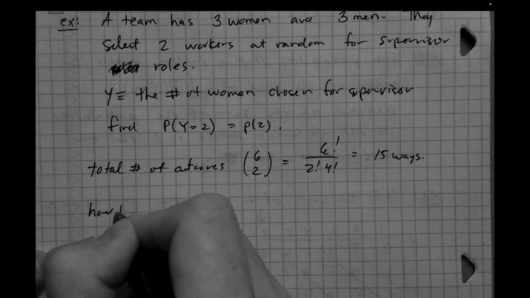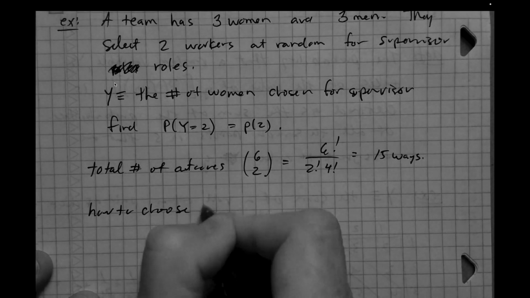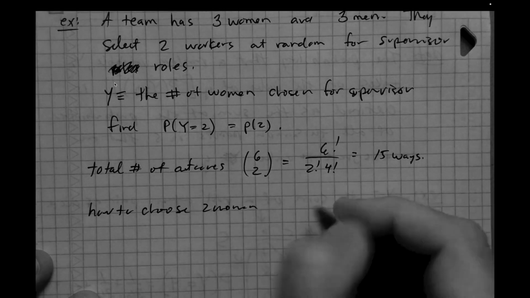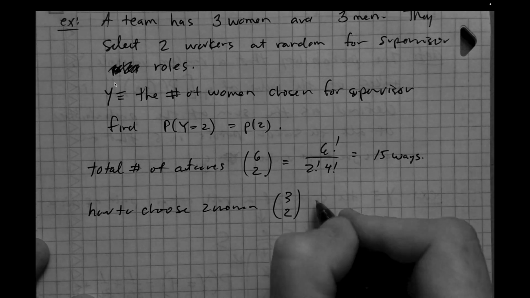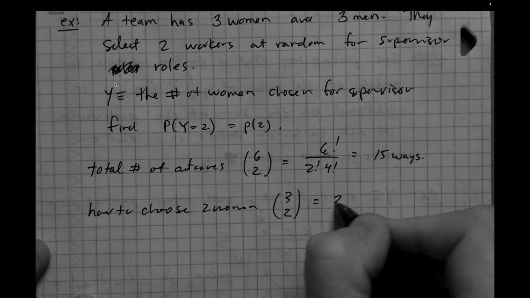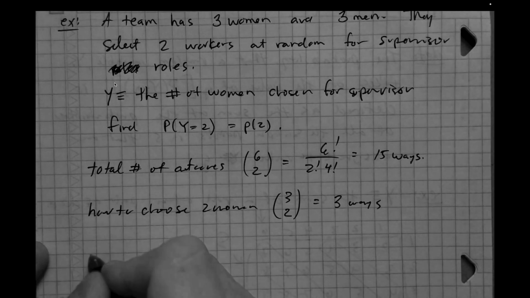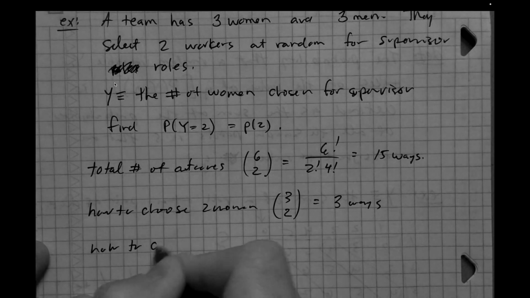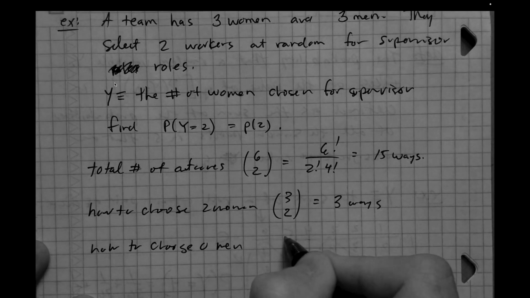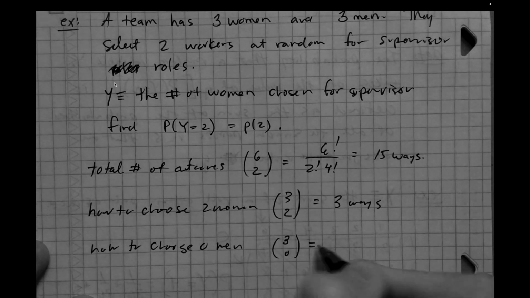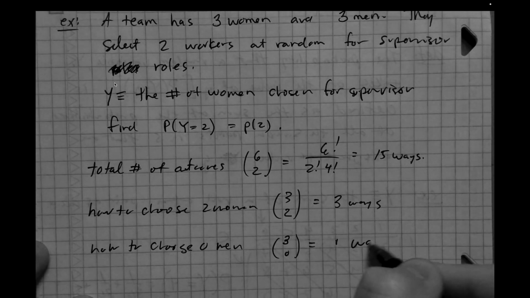How to choose 2 women? Well, there's 3 women total, so 3 choose 2, which means there's 3 ways. And how to choose 0 men? That's 3 choose 0, of which there is only 1 way.